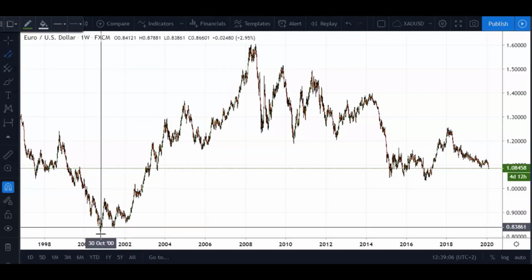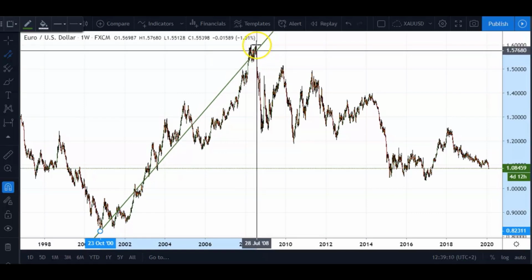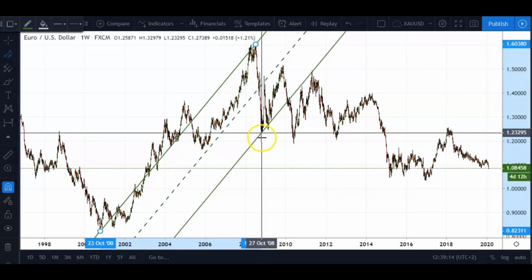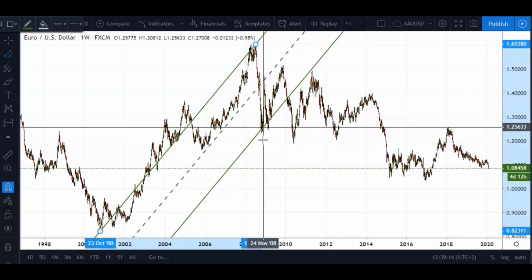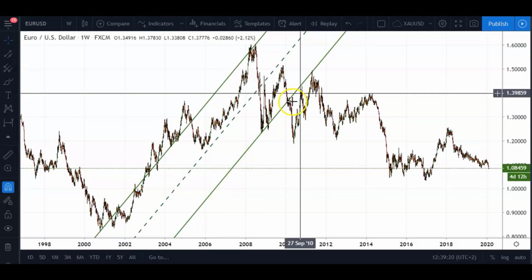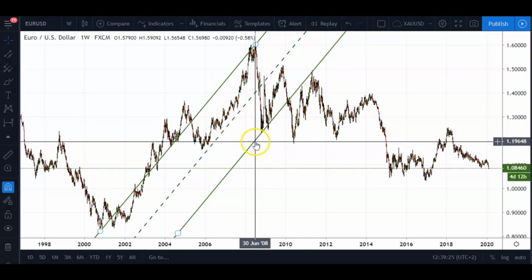Use the same low, let's get that low over there, go to the same high over there, and take it to this first swing over here. And just get that 100% on there, and you'll see it's the same line, and we just use a channel in this instance.